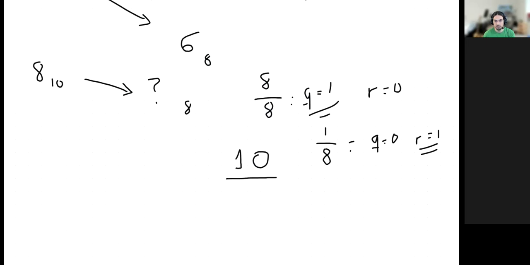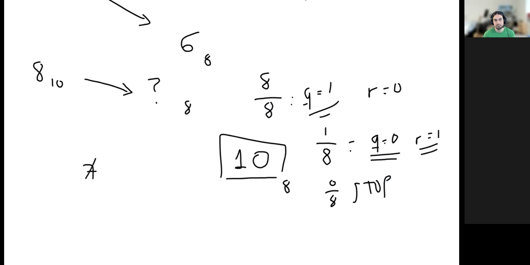Because the quotient is zero, that's when we stop. And this is the number in base 8, which makes sense. If you count 7, zero it out, carry the 1, you get 1, 0.